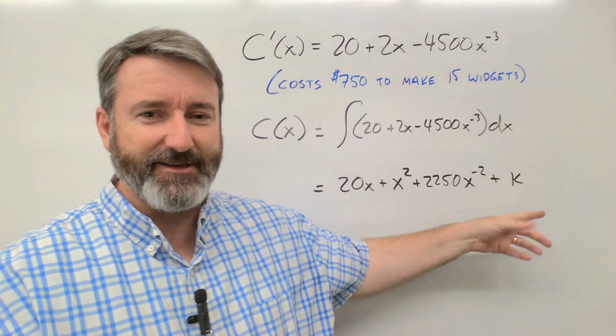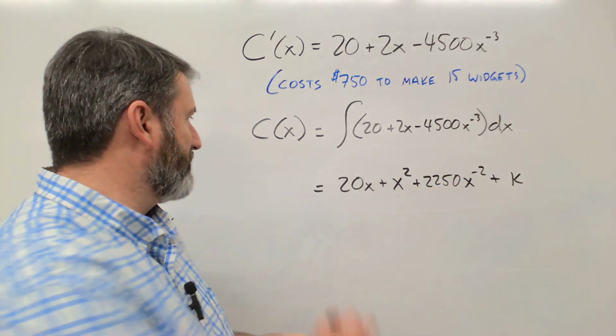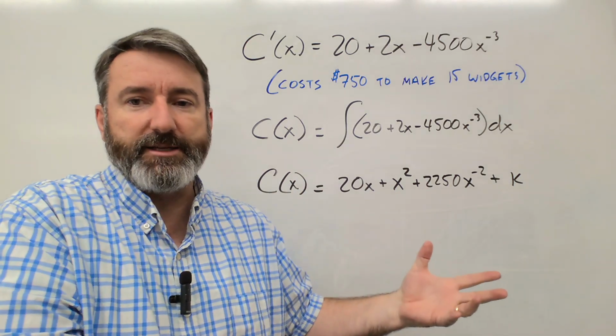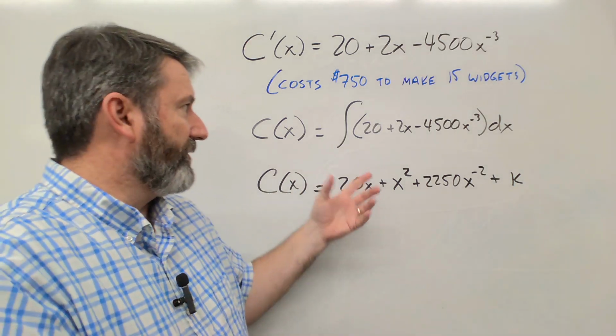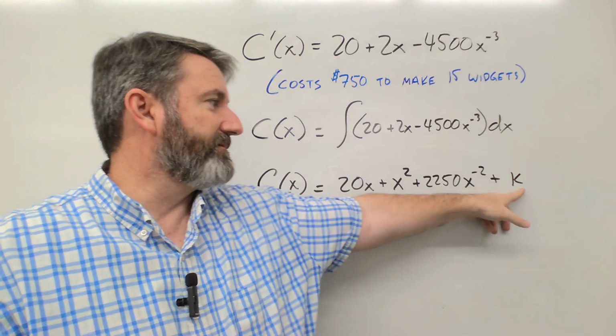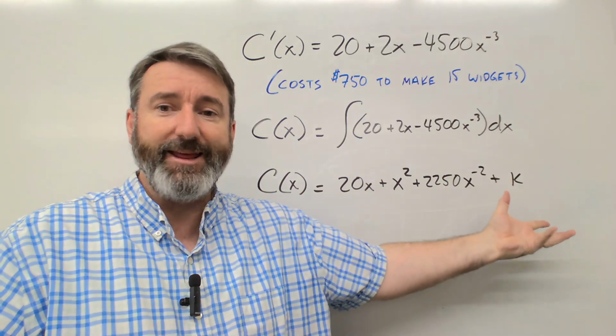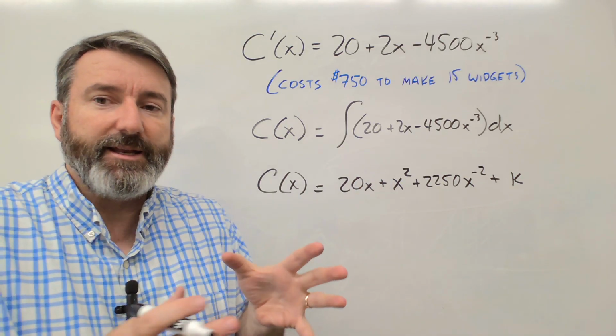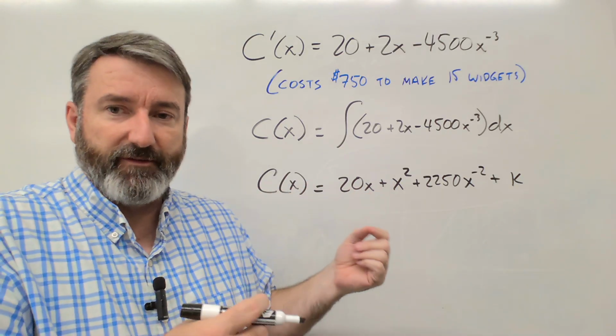But now that constant causes us a problem, because what we want to do is have a function that'll tell us how much it's going to cost us to produce however many widgets. But if we've got this constant that could literally be anything out at the end, it makes the whole thing worthless. So we need another little bit of information.